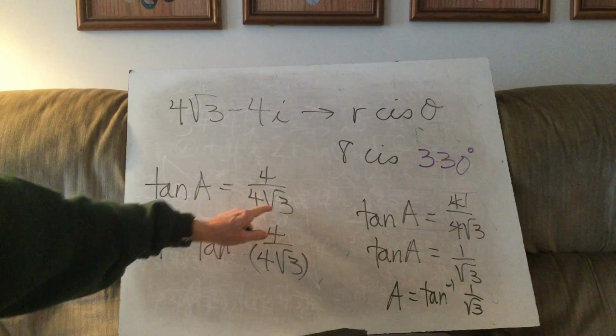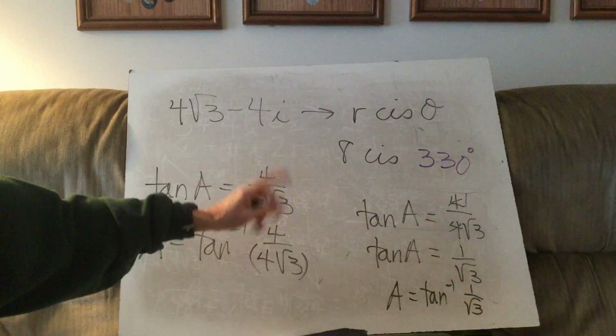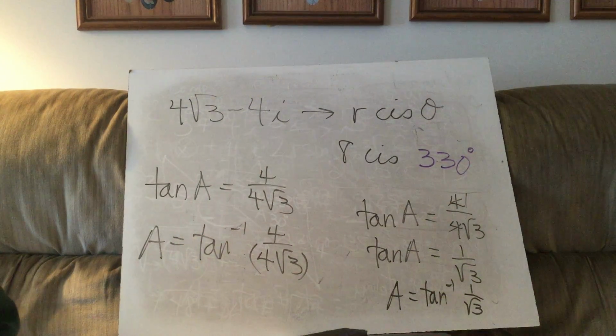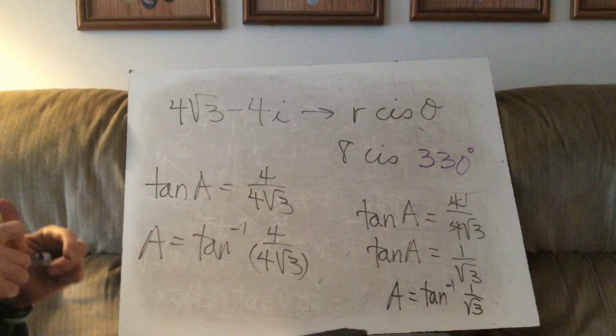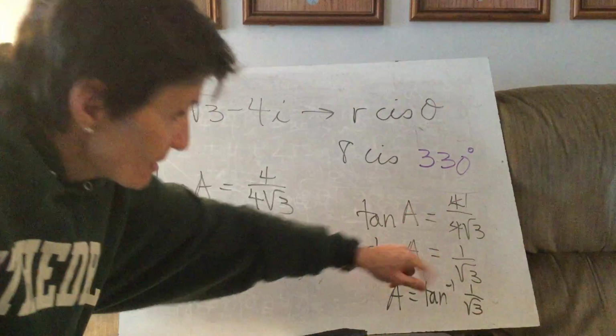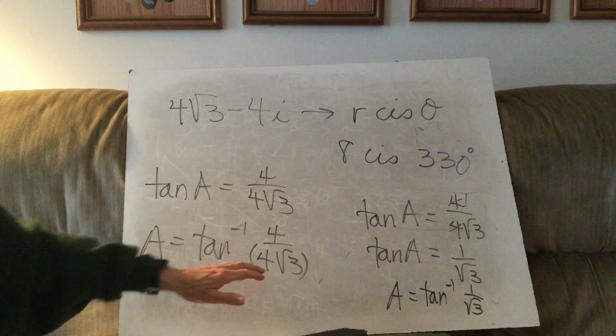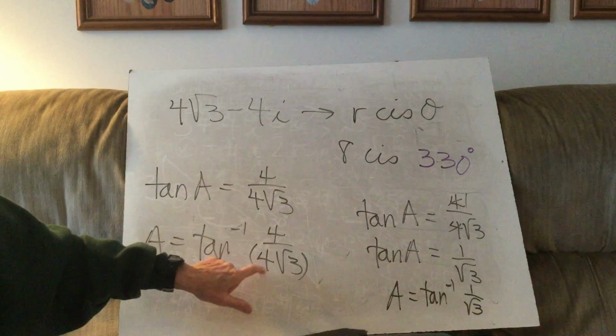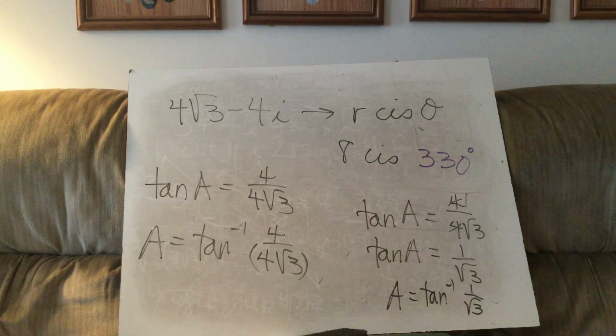Anytime you have a double number like that, 4 root 3, 2 root 6, whatever, you got to put it in parentheses when you're entering it into your calculator. So that's why it was easier over here just to cancel it out and not have to worry about that. But this will work. If you type this in with the parentheses, you will get 30.